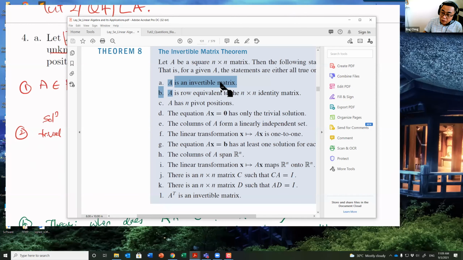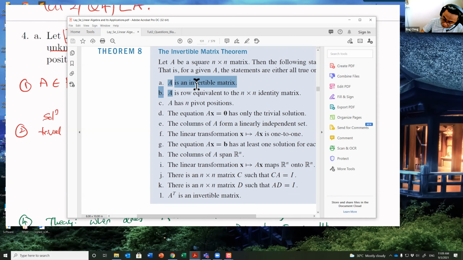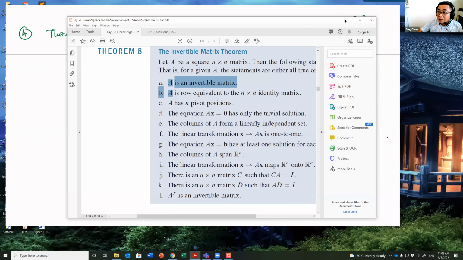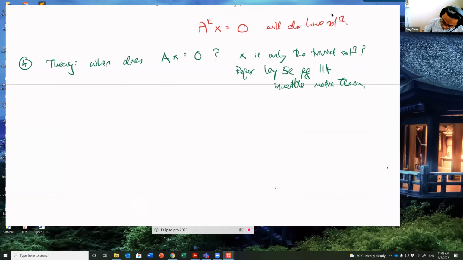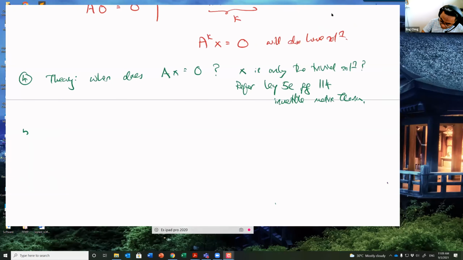Since A has only the trivial solution, A minus 1 exists. So we start with number 5 now. Since AX equals 0 only has the trivial solution, by the invertible matrix theorem, A minus 1 exists.